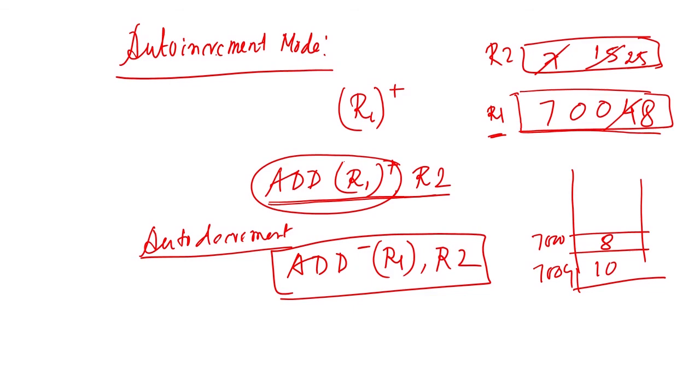So, what is the meaning of this one? R1 will now contain 6996 because its value is decremented by 4. Okay.